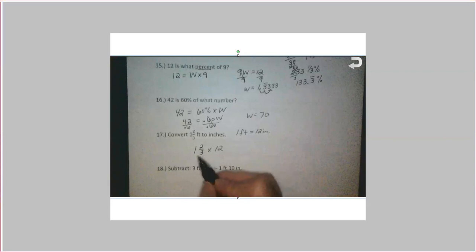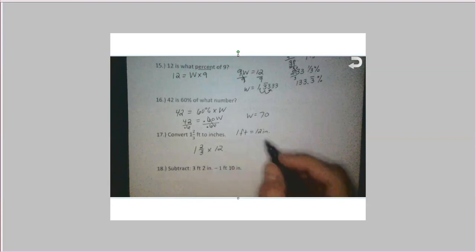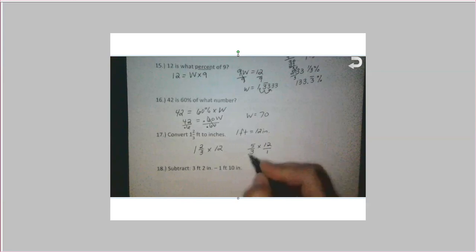Once again, I've got to convert this into an improper fraction. 3 plus 2, that's 5/3 times 12 over 1. 3 goes into 12 4 times, and 5 times 4 is 20. Don't forget your label for these problems. Make sure you label every question that would require one.